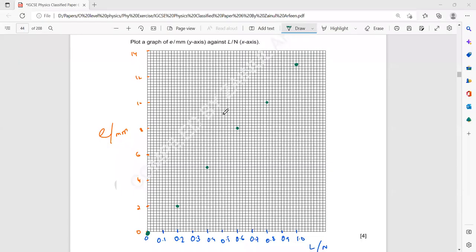When I draw a line like this, it's not a line of best fit. Why? Because all the points are below the line. If I draw a line like this, does it look like a line of best fit? No, because all the points are lying above the line. So when I draw a line and have an equal number of points above and below, that is my line of best fit.